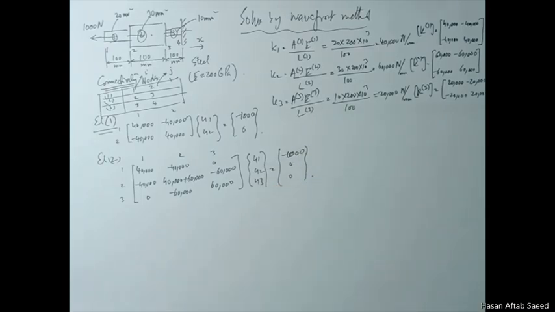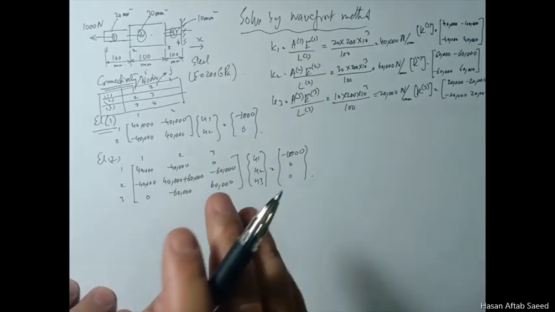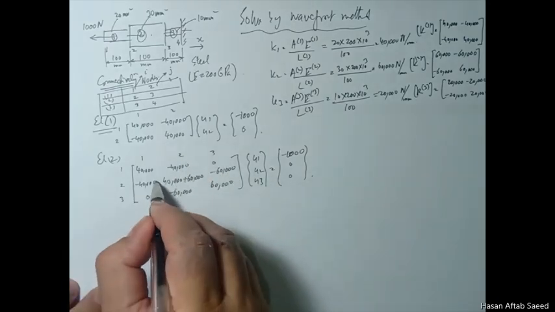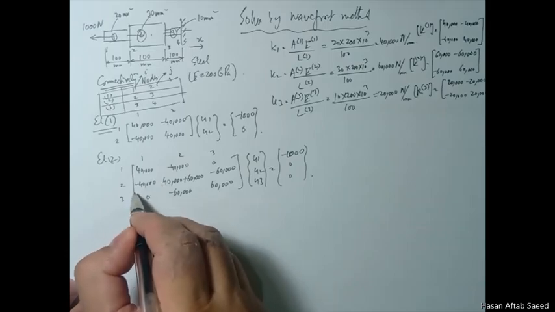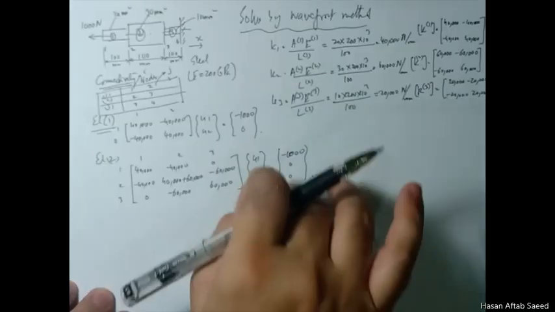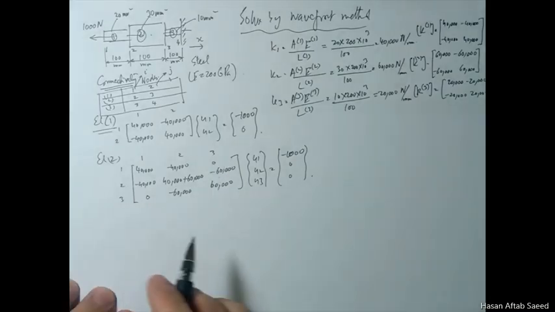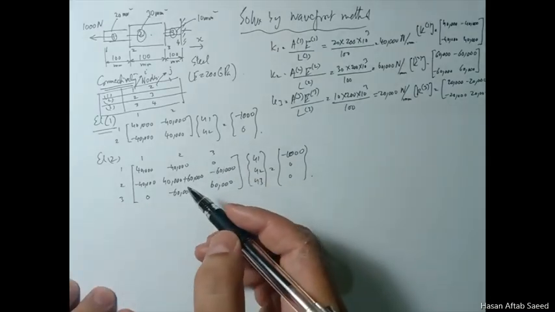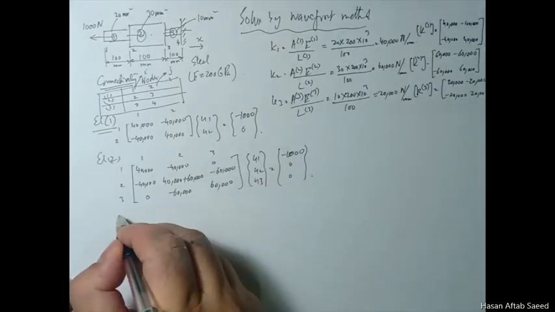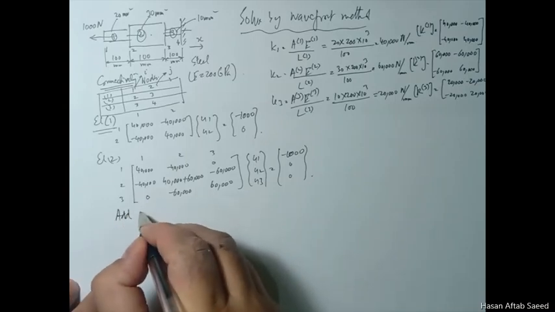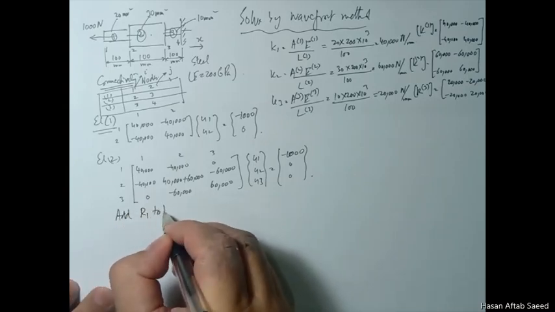Now we can eliminate degree of freedom 1. How? Because now we are in the happy position of being able to make this 0 without making all this disappear. How will we do that? Very simple. Add R1 to R2.